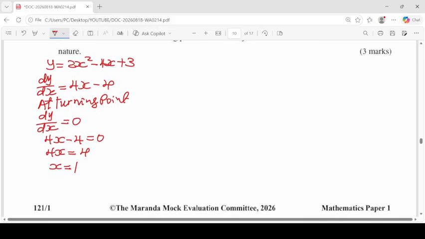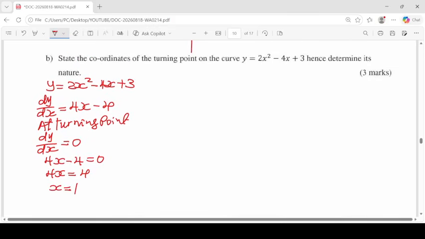Once I've gotten the value of x as 1, I can now go to the corresponding value of y. When x is equal to 1, then y will be obtained by substituting x into the original equation.